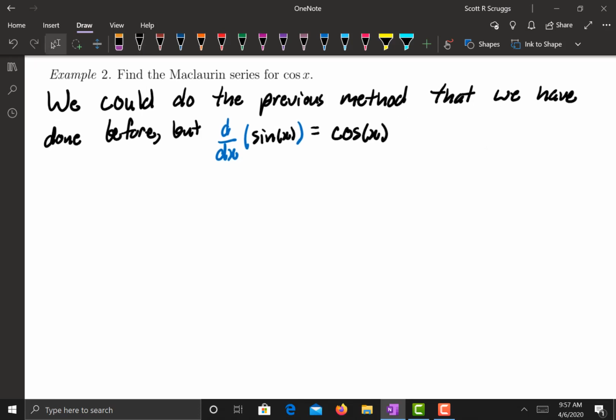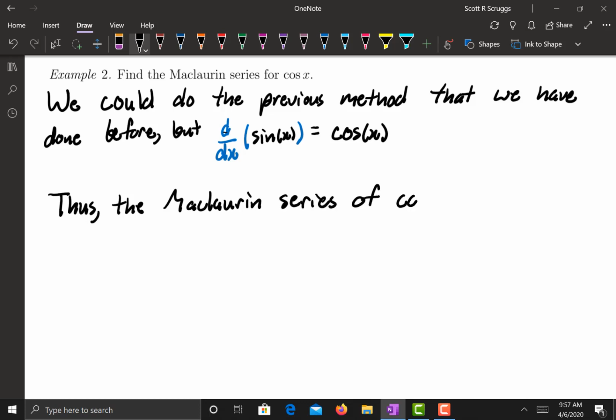And so thus, because of that observation, I can quickly form the Maclaurin series of cosine as follows. I know the Taylor series for sine.